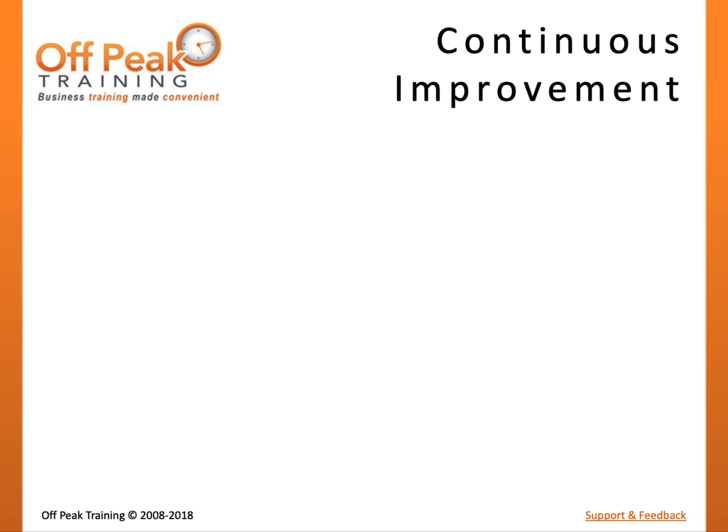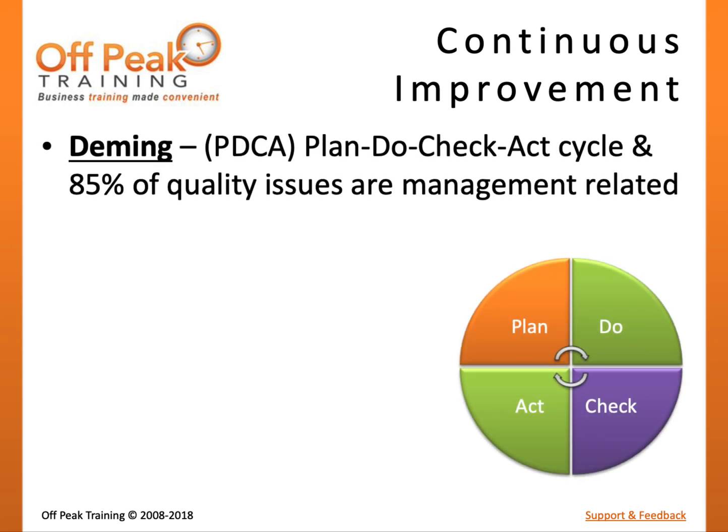Among the most significant contributors to modern quality management is Edward Deming. Deming studied and popularized the work of Walter Shewhart, which today is commonly referred to as the Plan, Do, Check, Act cycle. This model for continuous improvement emphasizes statistical analysis in order to attain continuous improvement. We will cover this in more depth in the Quality Management Review.